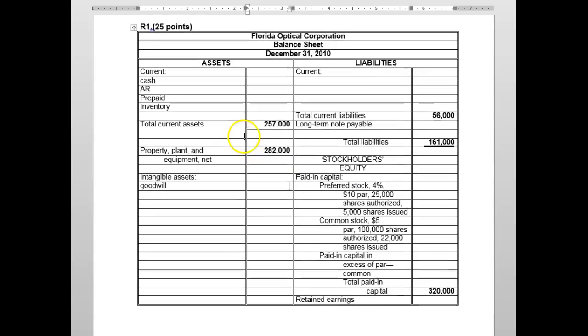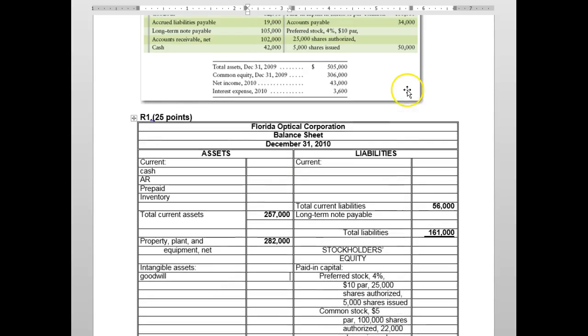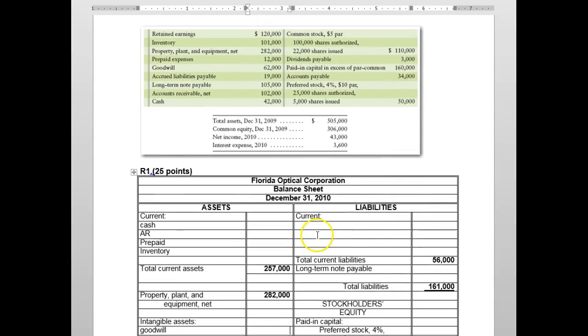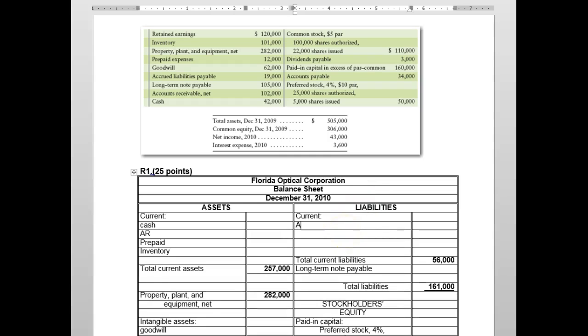So once you get your assets taken care of, you move over to your liabilities, and you're going to do the same thing. We have current liabilities, and current liabilities are bills that are due within a year. The first one is accounts payable, and you will find that right here. So that quantity would go there.